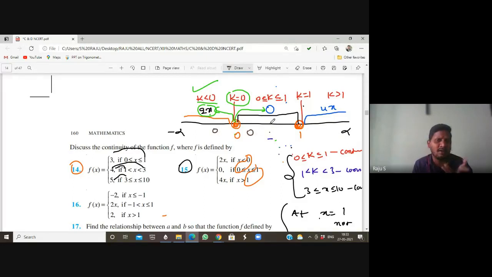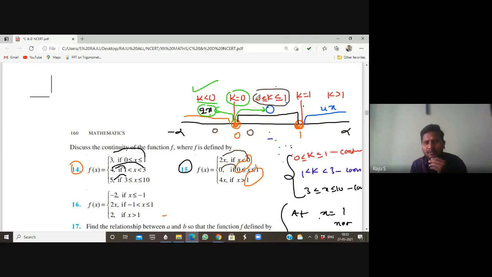Right hand continuity is already given as 0. So at 0, both give 0, so it is continuous. Then from 0 to 1, what is the function value? 0. 0 is a constant, so it is always continuous.